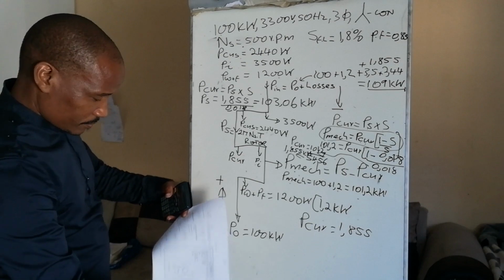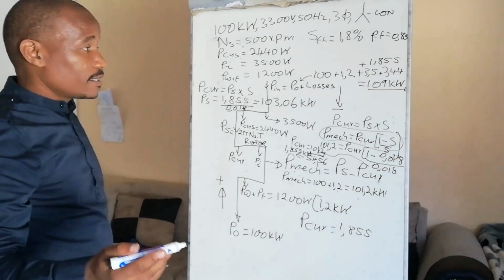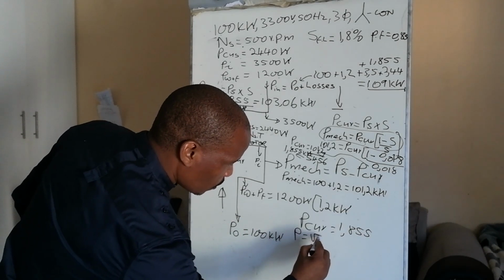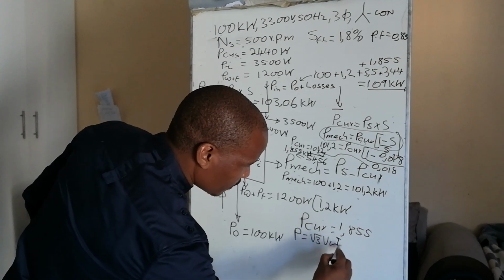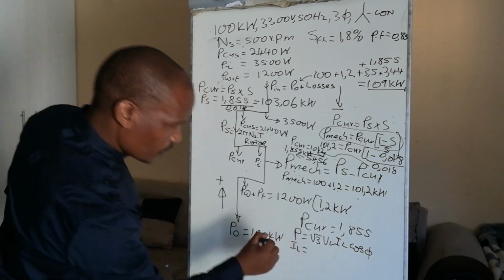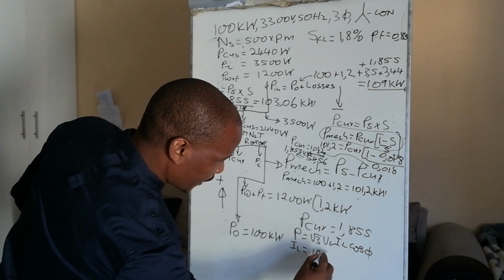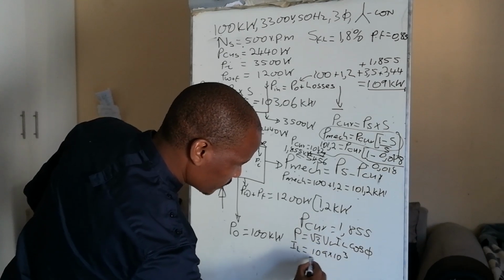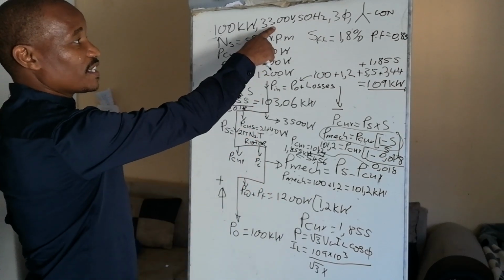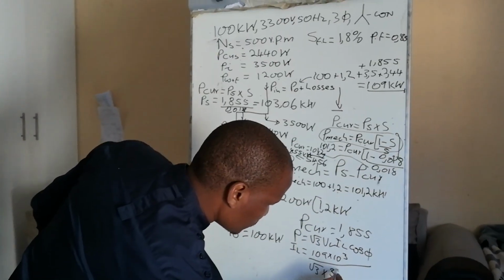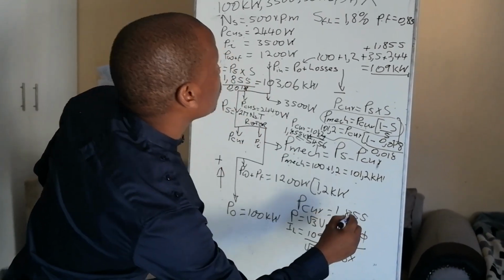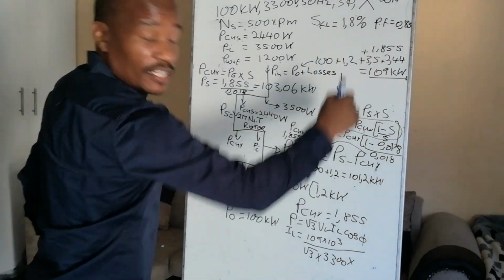Right. And then the line current. The line current is equal to what? Power is equal to root 3 V line I line cos phi. I line is equal to the input, 109 multiplied by 10 to the power 3, over square root 3 multiplied by the voltage, given as 3,300, multiplied by the power factor, given as 0.85.